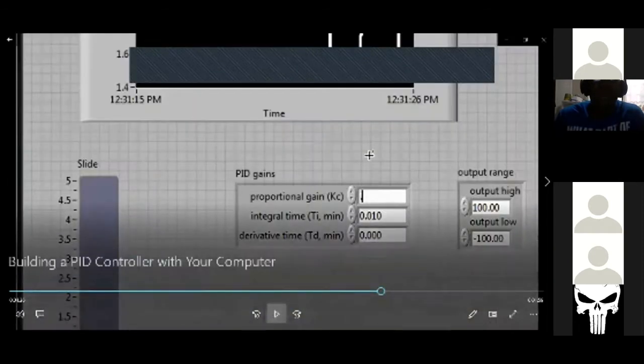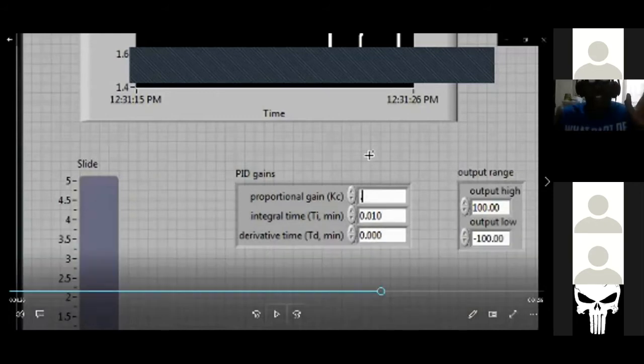So what I'm saying is that there is an entire science behind tuning a PID controller, and it depends on your knowledge of the transfer function of the controller and the system, and then you can mathematically calculate the values of the gains that you are going to use there.